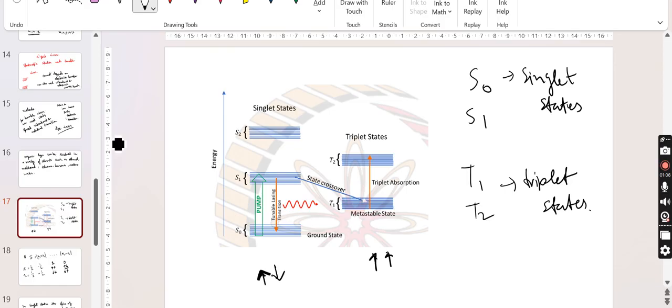And another problem is that it's a metastable state. So the probability of the molecules coming down to the ground state, and the probability of the molecules going to the upper triplet state, like the probability of absorption, is high enough.